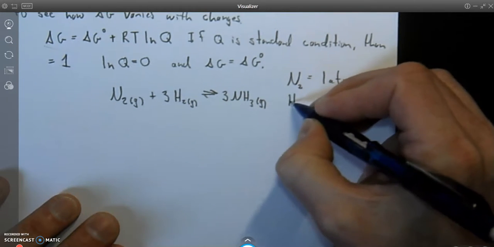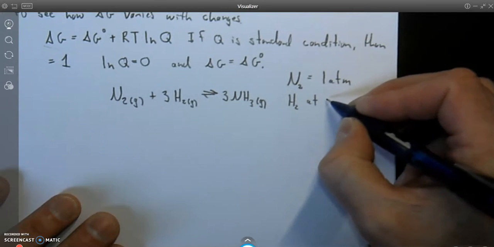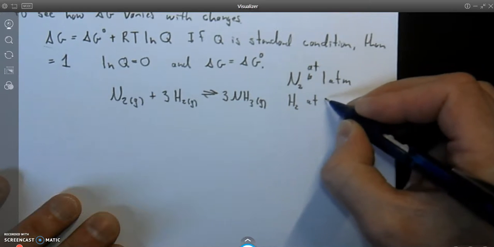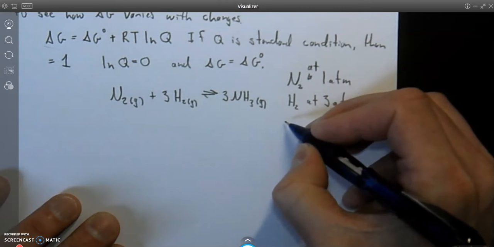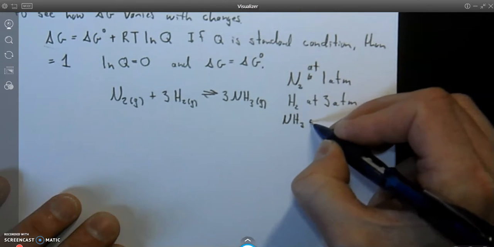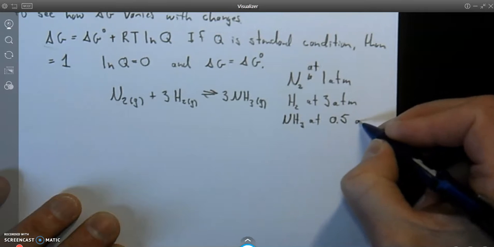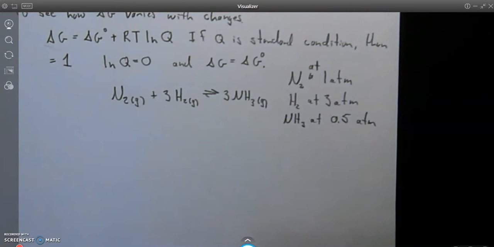We'll say hydrogen happens to be at 3 atms. And then we'll say ammonia is at 0.5 atms. Okay. So given this information, we can very quickly do a Q based on the equation that we have.